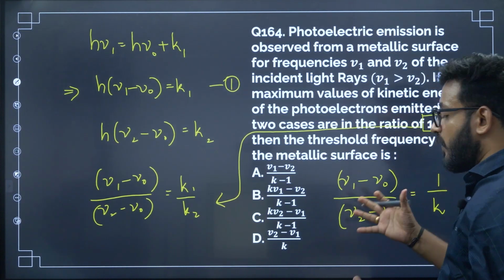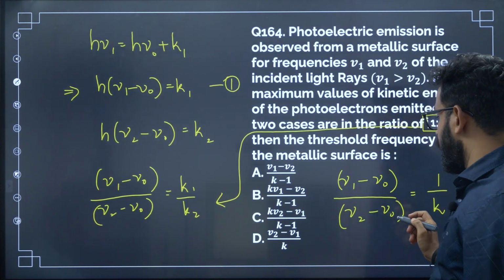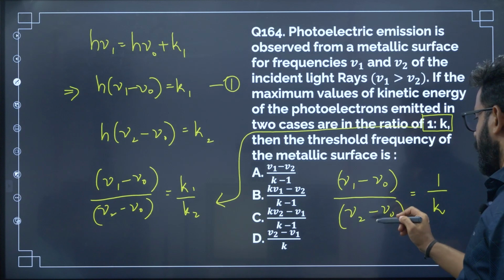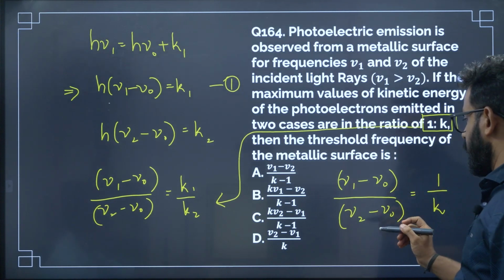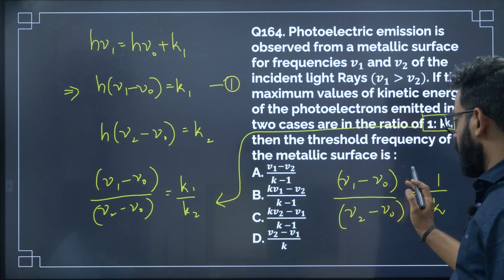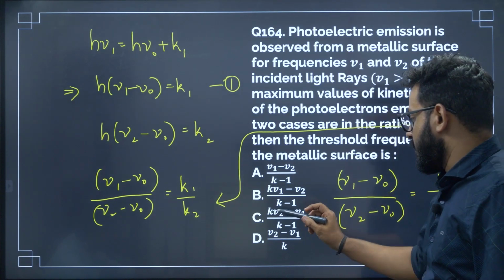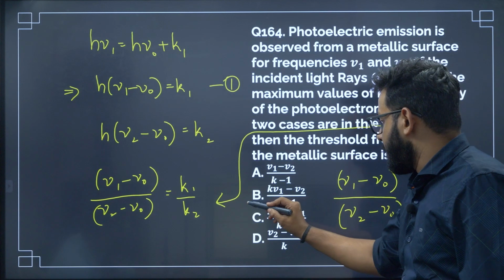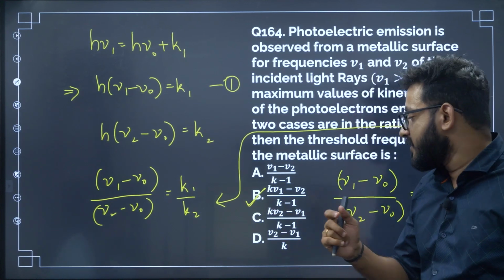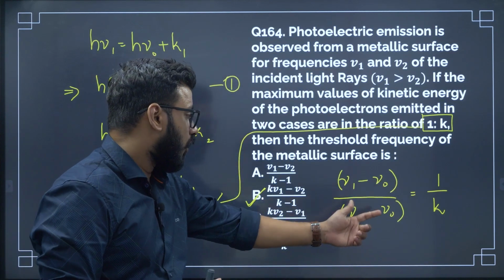Just cross multiply and you will have a solution. When you do this, nu naught will get cancelled on both sides, and you can eliminate nu naught somehow.